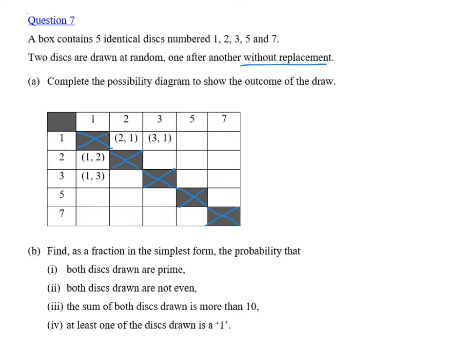So now this possibility diagram just writes down the order of the different combinations that you can get. So in this case, this will be this one, and this will be this 2. Given the order, so this case will be 5, 1, 7, 1, so on and so forth.